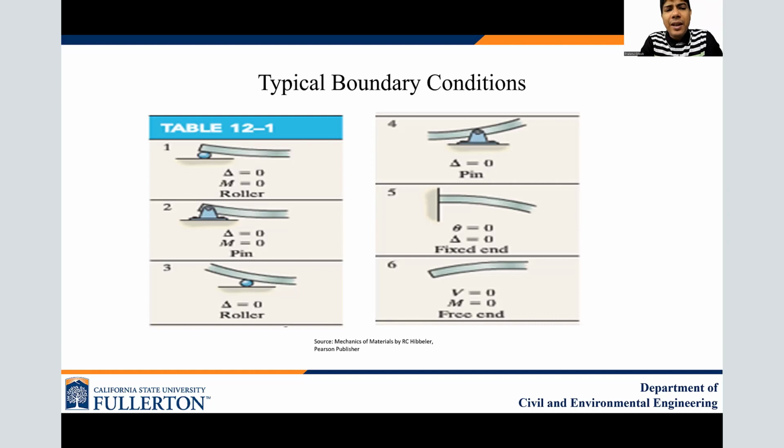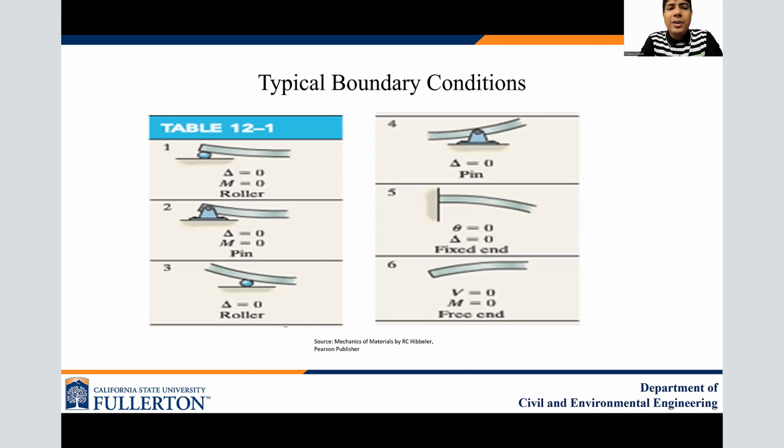If we see very carefully, if you have an external roller support, what is the boundary condition? We know that a roller support has a vertical reaction, so there is no way it can deflect vertically. So delta is going to be 0, or v is going to be 0. Some books have delta as vertical deflection, some books have v as vertical deflection. Both are the same, so please don't be confused by that.